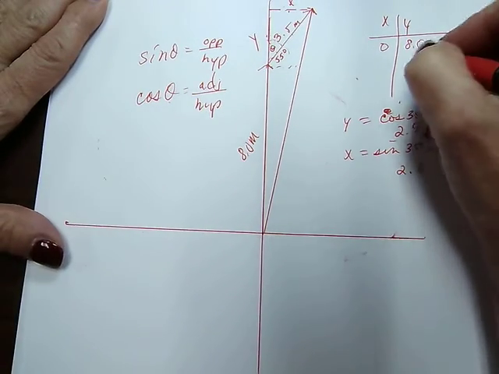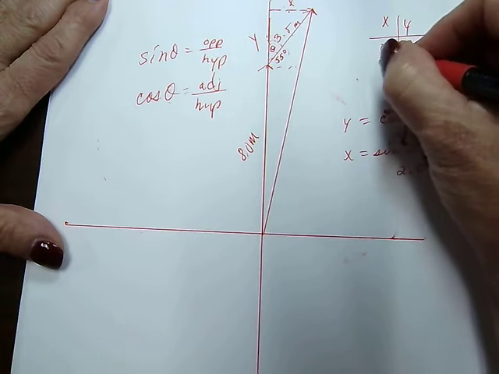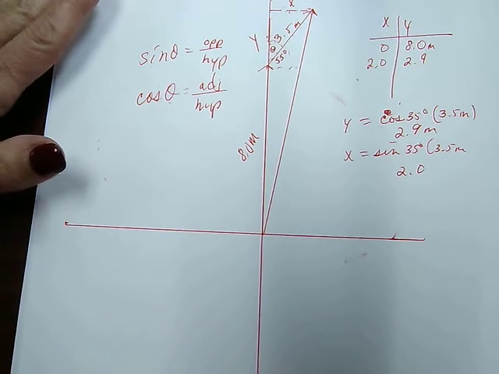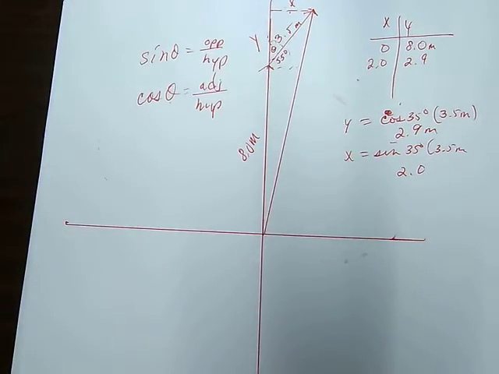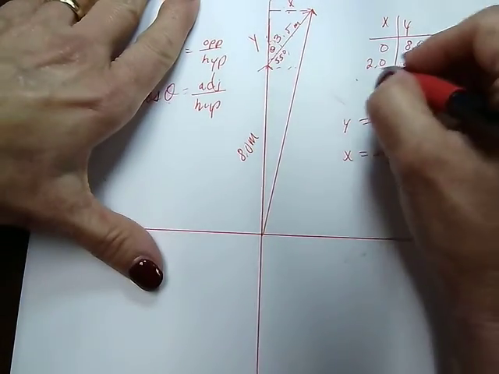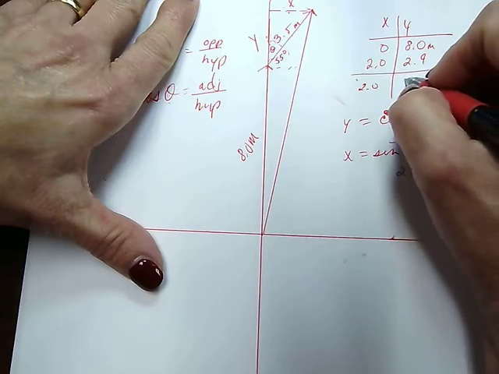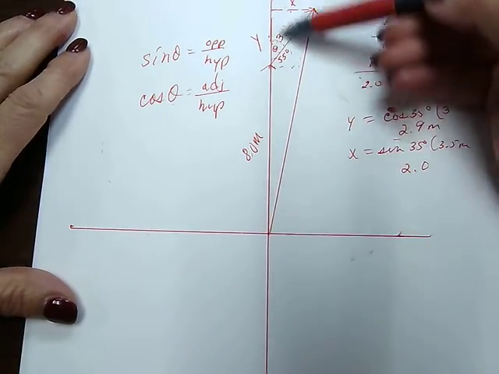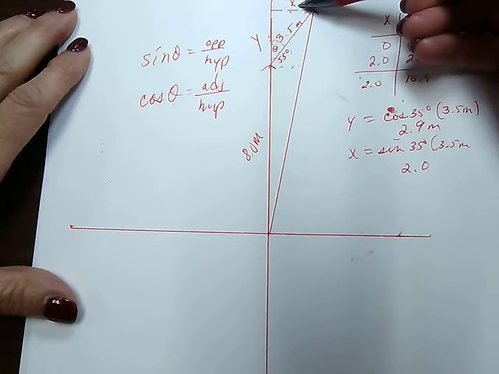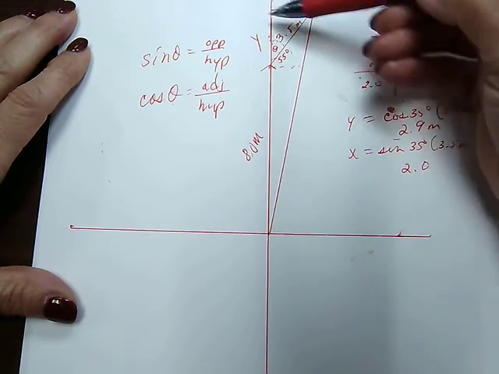Okay, so I have 2.9 here and 2 here for that specific line. So this is 10.9 and this is 2. Okay, 10.9 and 2.